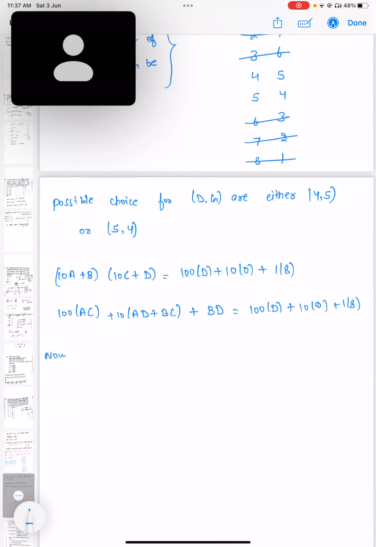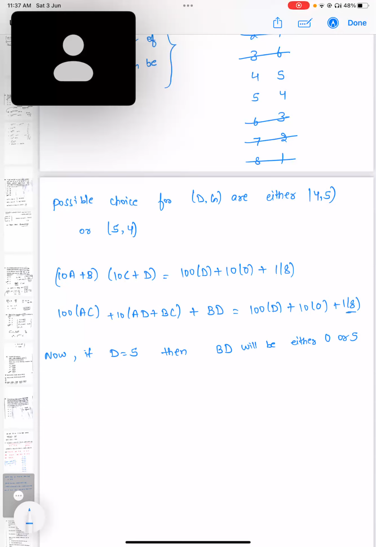Now, if D is equal to 5, then BD will be either 0 or 5. We know the table of 5. It is 5, 10, 15, 20. So either the unit term will be 5 or the unit term will be 0.